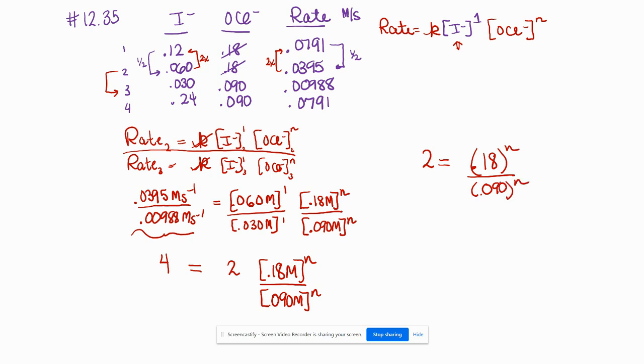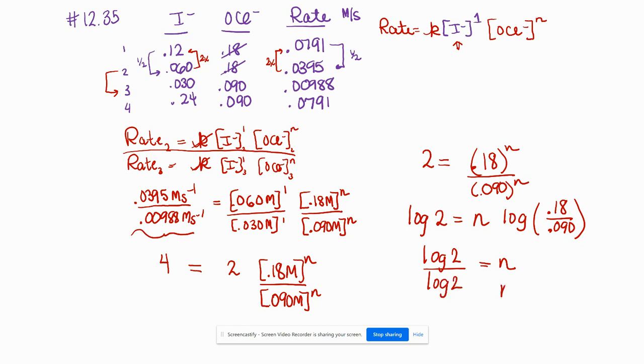And then remember, to get these out of there, I'm going to say log of 2 equals n log of 0.18 divided by 0.090. That is also 2, correct? So n will equal log of 2 over log of 2. So n equals 1.